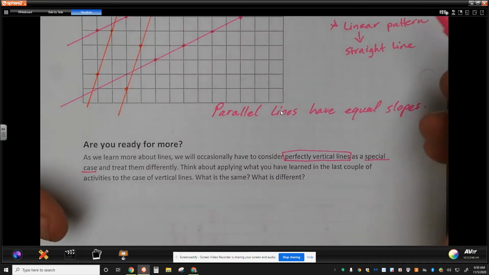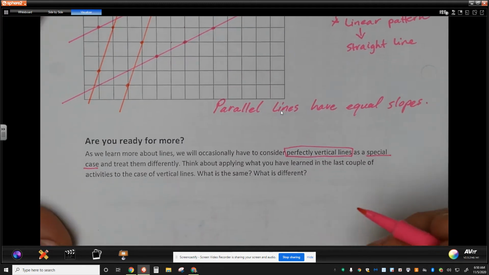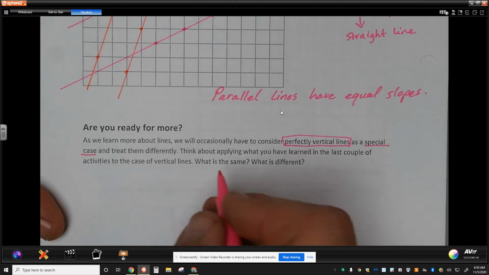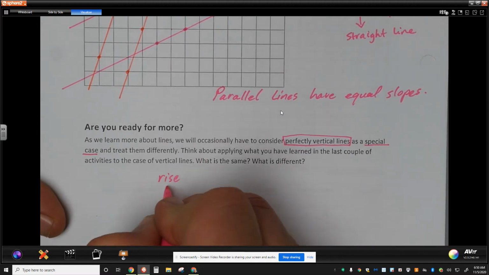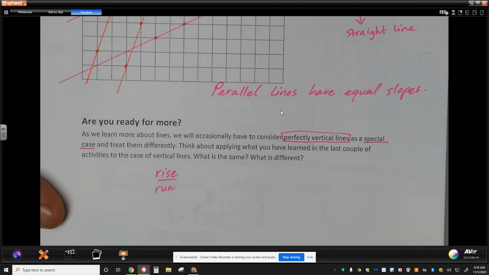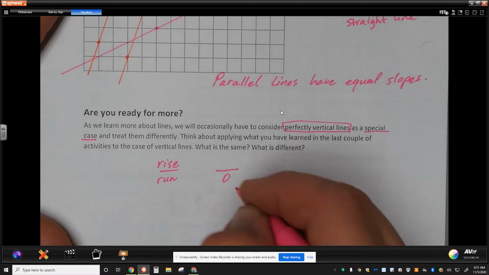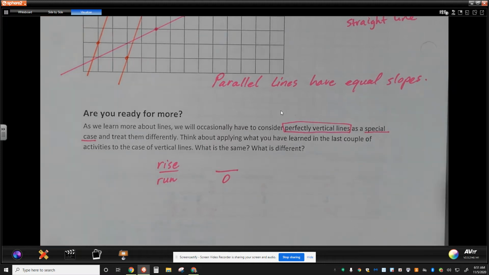When we talk about vertical lines and we talk about rise and run, we need to understand that there's actually zero run. When we talk about rise over run, every single time, the run value on the bottom is 0.